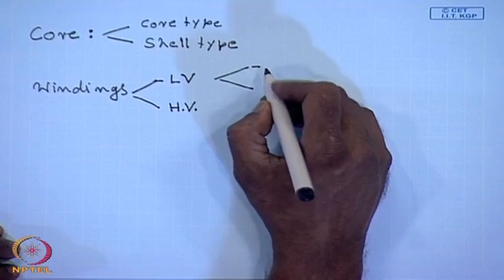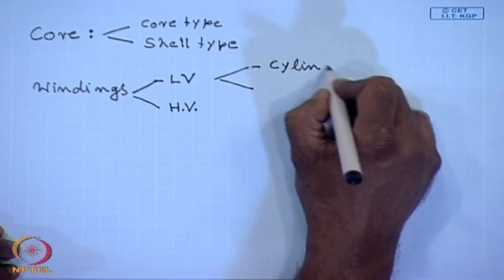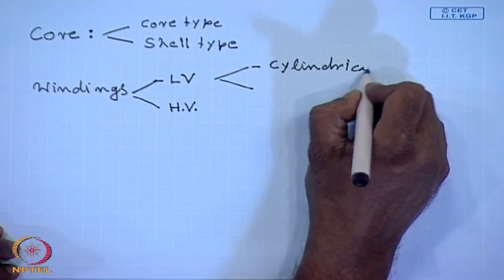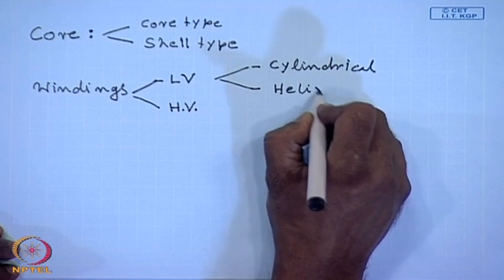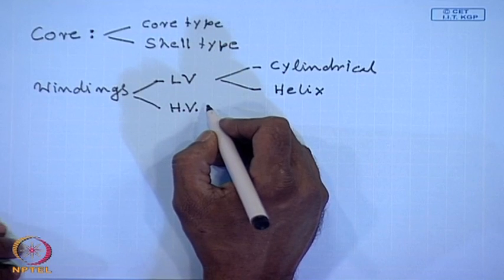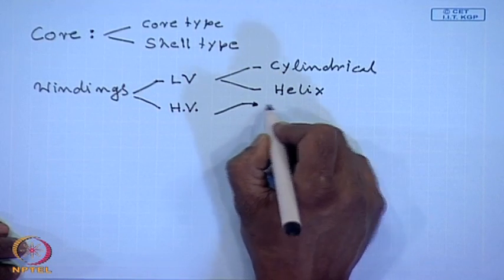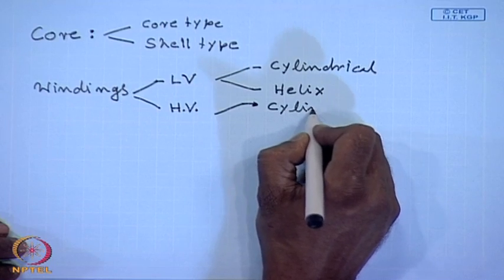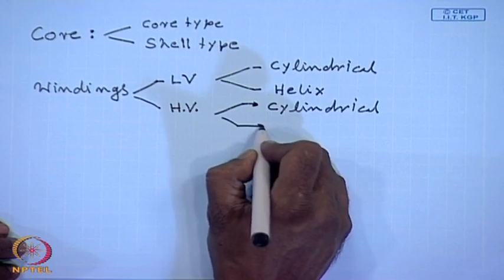One is the cylindrical or helix. The HV winding can also be of two types, either cylindrical or crossover.